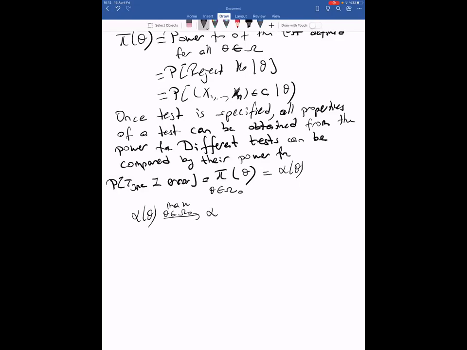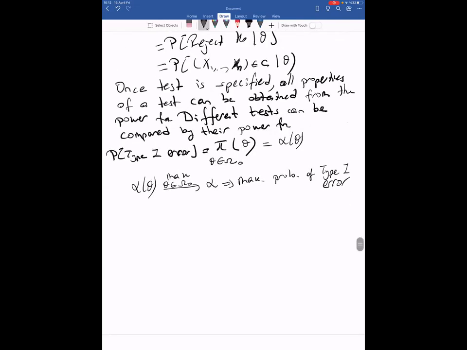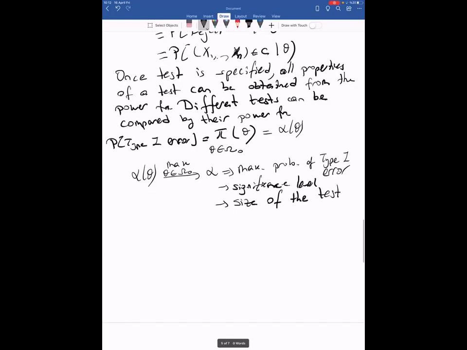So we get the alpha, and we work with this alpha. This is the maximum probability of type 1 error that we can get. Also, it is known as the significance level that I told you before, or the size of the test, or the size of the critical region.